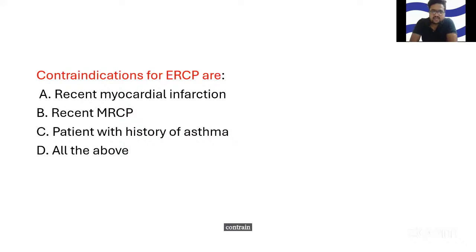Contraindications for ERCP are: option A, recent myocardial infarction; option B, recent MRCP; option C, patient with history of asthma; option D, all of the above.